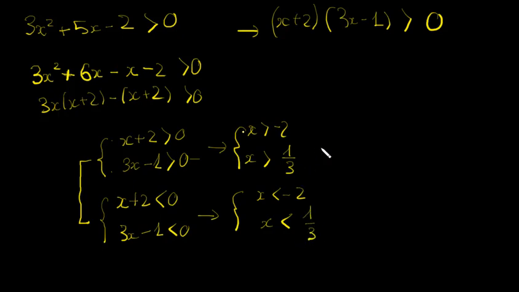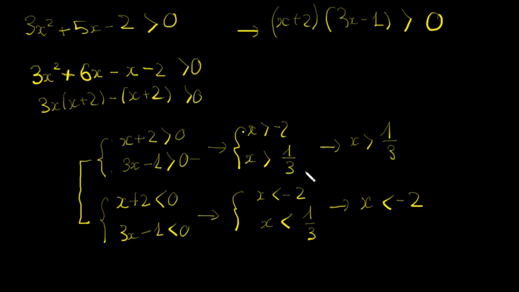So look at this one. Here we have two conditions, which are x greater than minus 2 and x greater than 1 over 3. Here we choose x greater than 1 over 3, because when x is greater than 1 over 3, obviously it is greater than minus 2, because 1 over 3 is greater than minus 2. Here we choose x smaller than minus 2, because when x is smaller than minus 2, obviously it will be smaller than 1 over 3, because minus 2 is smaller than 1 over 3.